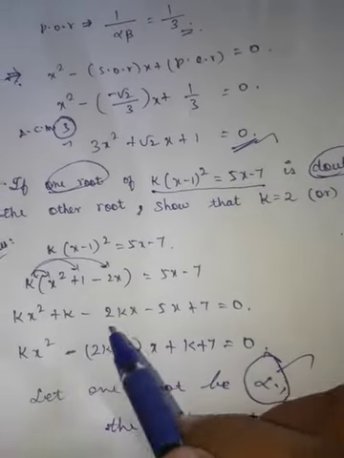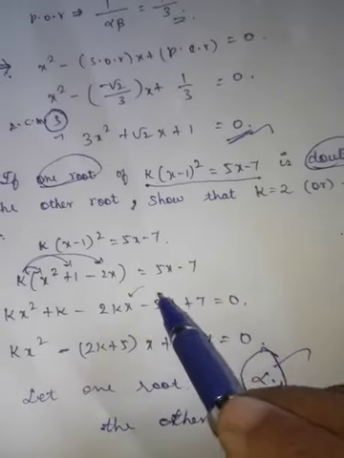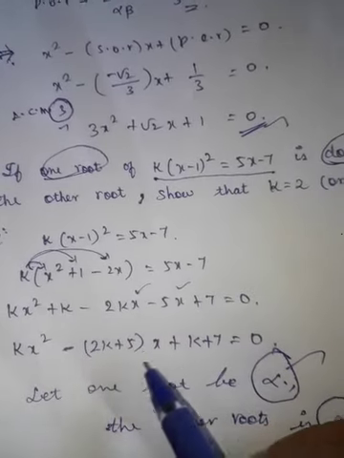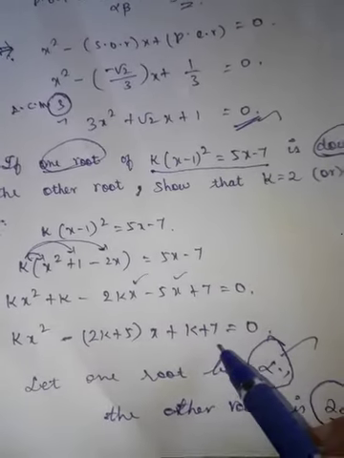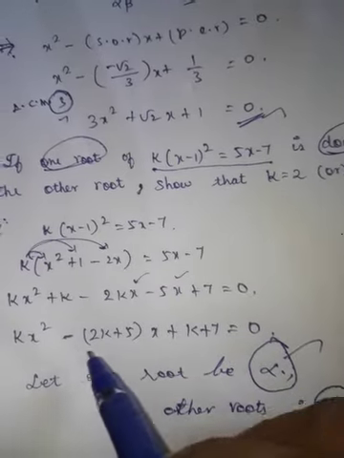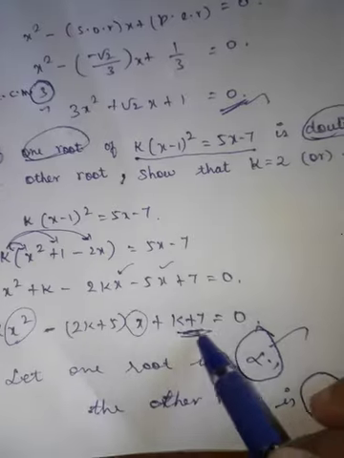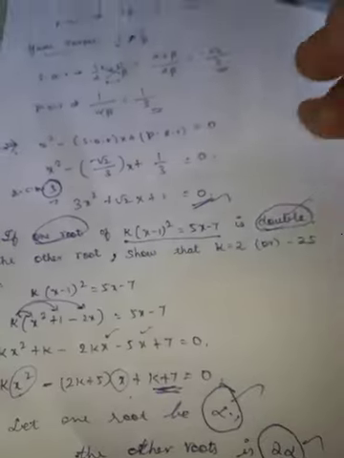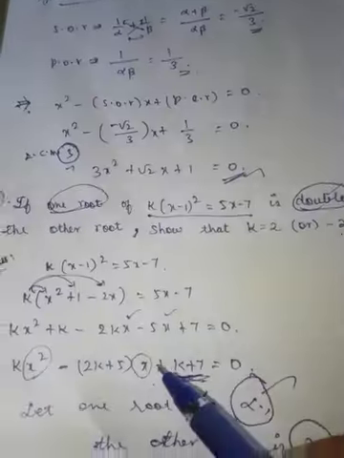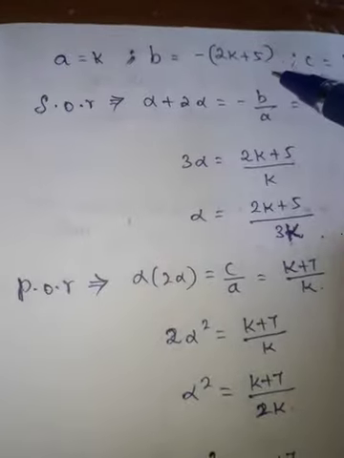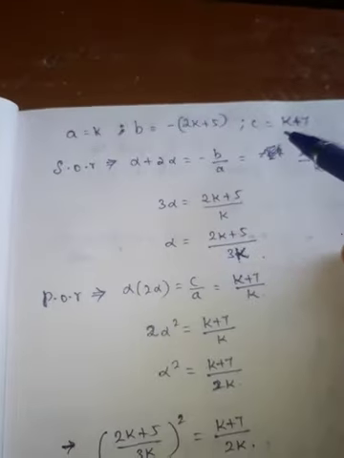So kx square, taking x outside, minus x(2k plus 5), plus k plus 7. Now it is formed as a quadratic equation. Comparing with the basic equation ax square plus bx plus c, we can write the a value k, b value minus (2k plus 5), c value k plus 7.